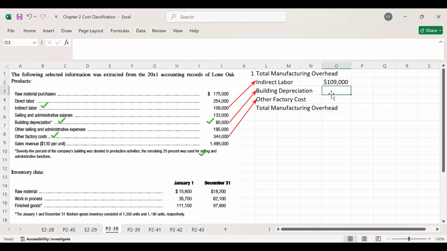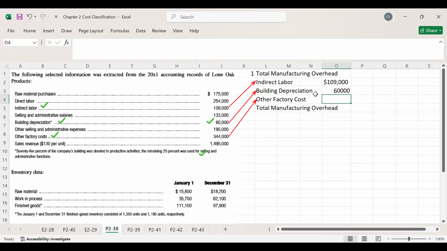Then we have depreciation, and we have just discussed that 75% of the building is used in manufacturing of goods. So we take 75% of total building depreciation, which is 80,000.